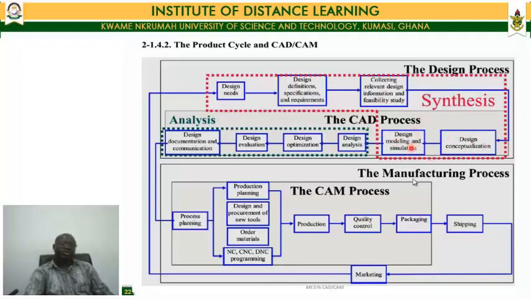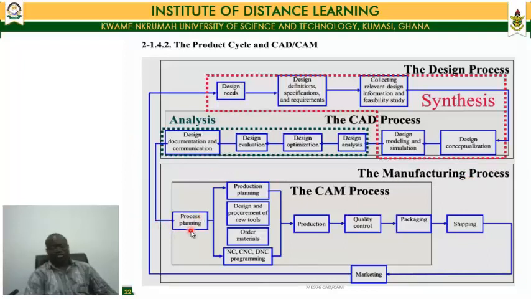So you create the model and then do a simulation. After simulating the model and realizing the model is okay, then you may need to perform design analysis and optimization, evaluation as well. And once your evaluation is complete, you have a design, and then you have documentation and communication that has to be sent to the manufacturing process.